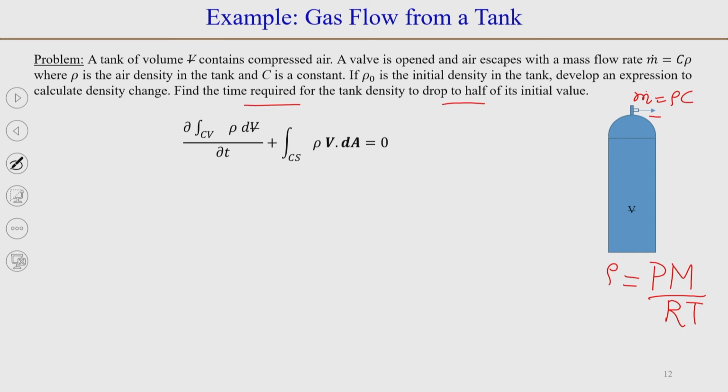Okay. So, let us write down the conservation equation. Now, the density is not constant with respect to time. So, this term will be non-zero now, okay. And there is only one control surface through which the gas goes out. The density is changing with respect to time, but we can assume the density inside the cylinder to be uniform.